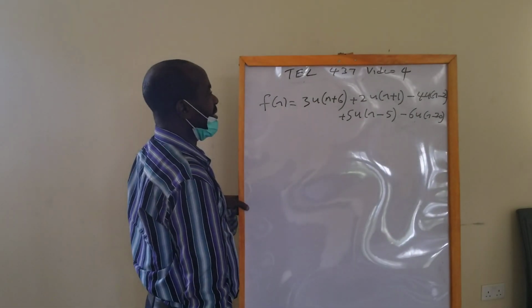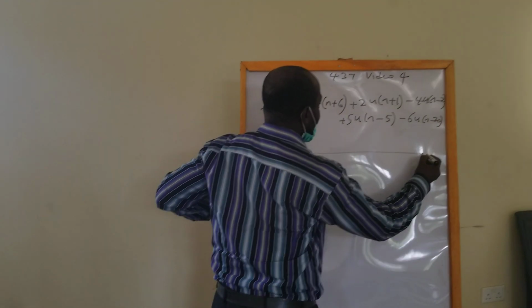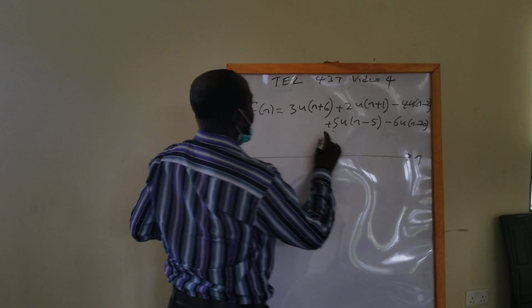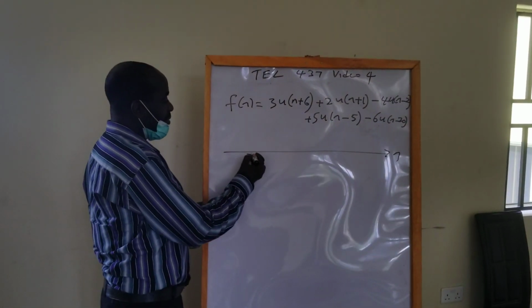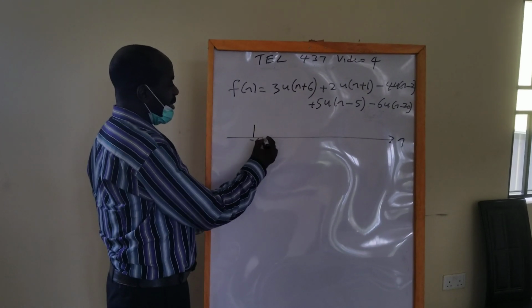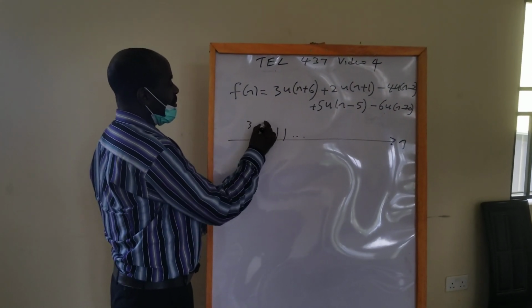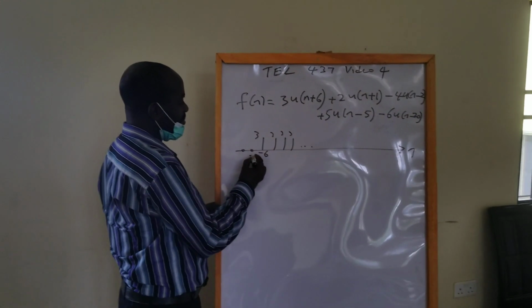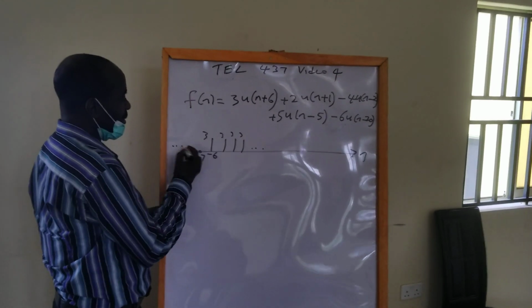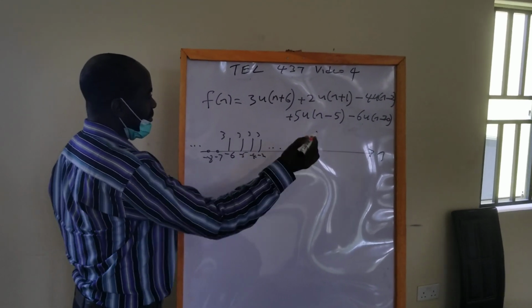I'm to combine these 5 together. As we did earlier on, the first one with n plus 6 equals 0 gives n equals minus 6. It will start from minus 6, and the height is going to be 3, 3, 3. Then at minus 7, minus 8, this will be minus 5, minus 4, minus 2.